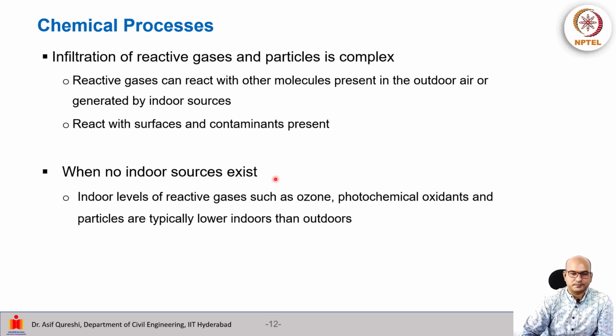This is because one needs that reactive gas to come from outdoors to indoors. And if it is being infiltrated, it can probably react already outside, or while it is transporting indoors, it may react with the surfaces within the wall, and does not come in to that level. So these gases generally have a lower level in the indoor environment when there is no indoor source.